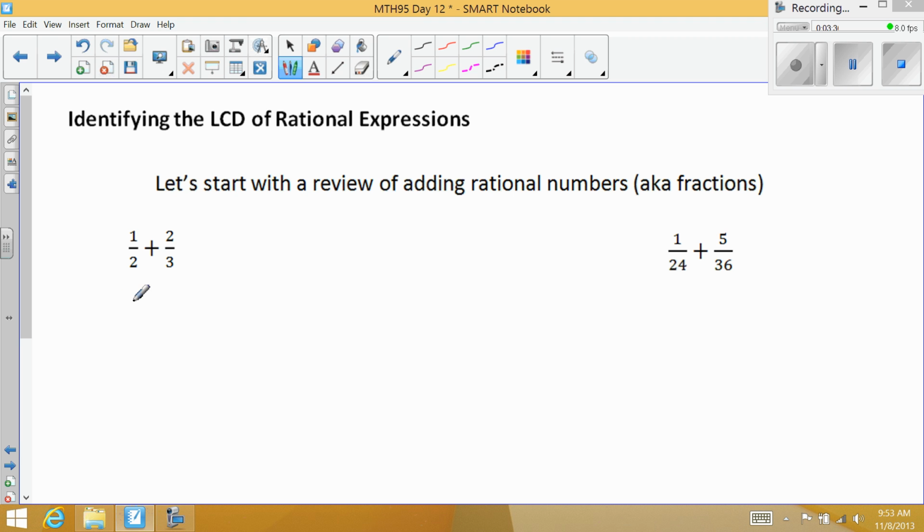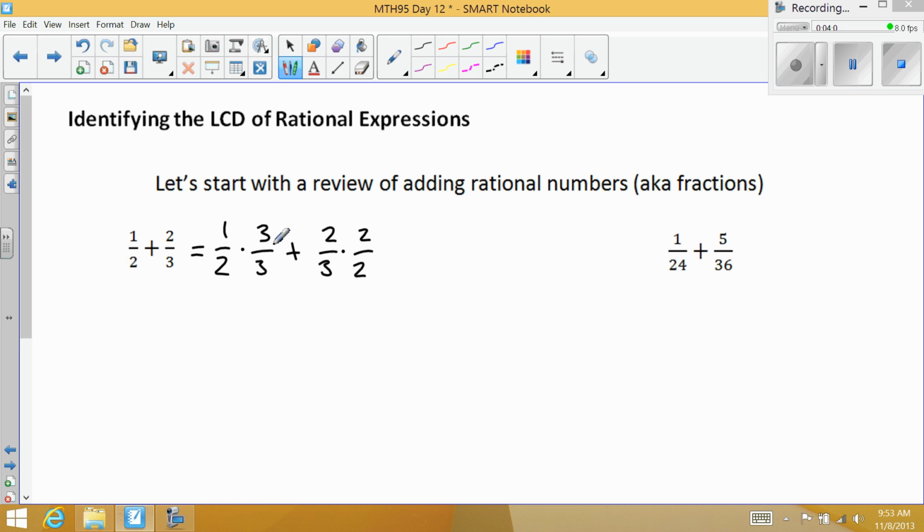So if we're going to add these, what we need to do is take each of the two fractions and multiply them by 1 in such a way that after we do the multiplying, we have the common denominator of 6. So the 1/2, to turn the denominator of 2 into a denominator of 6, I'd need to multiply the 2 by 3.